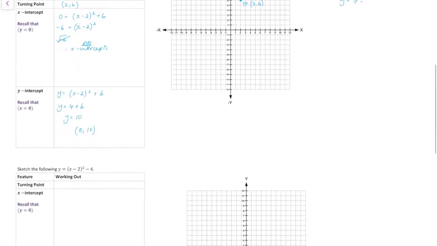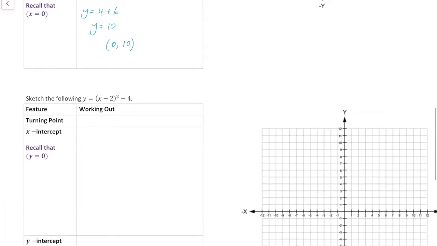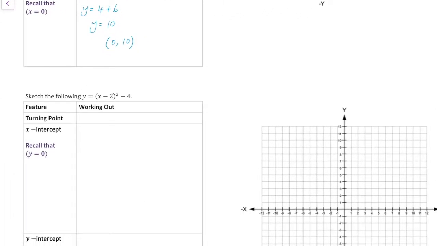So now let's do another example, and this time what we should end up with is some x-intercepts, just to give you another idea of how the turning point form works out. So here we can identify a turning point at 2 and negative 4, noticing that here in front of the 4 is that negative. So let's find our x-intercepts. So solving for x here, we're going to do 0 equals x minus 2 all squared minus 4.